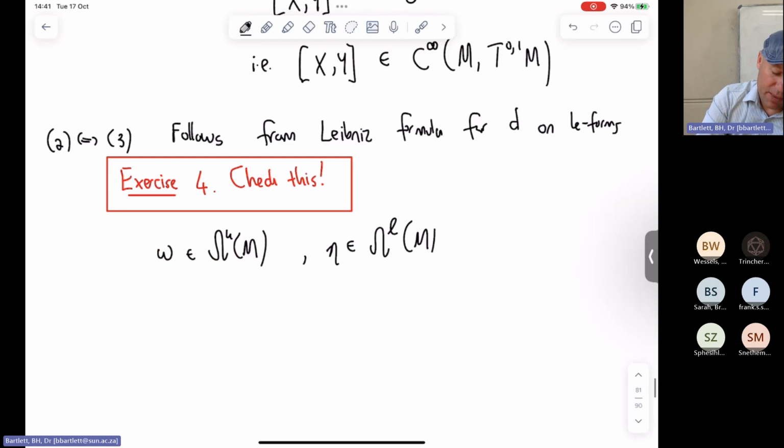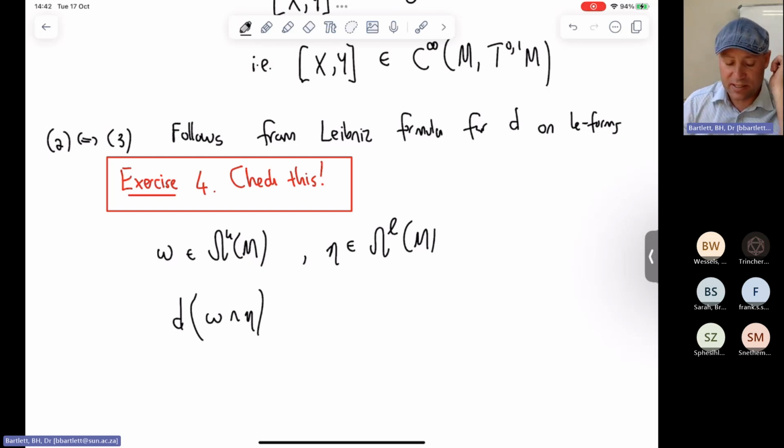What I want to do is get a sort of generalization of the product rule. Product rule is something that happens when you multiply 2 functions together and you differentiate. I want to know what happens when you wedge 2 forms together and you differentiate. Remember, a function is just an example of a 0 form. So now I'm going to say, what happens more generally when I wedge a K form omega with an L form eta together?